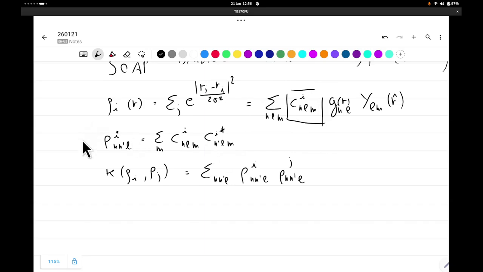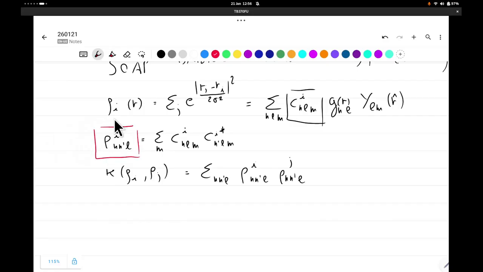And then I construct, so this is not yet rotationally invariant, I construct this object here. This is called the power spectrum of the density representation. So you basically sum over the m index, the one in the spherical harmonics, and then you construct these power spectra that are invariant to translation, rotation, and so on.